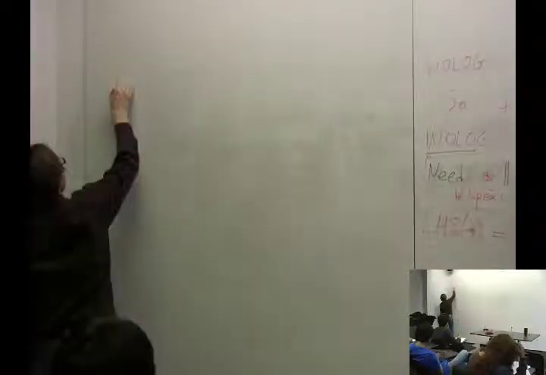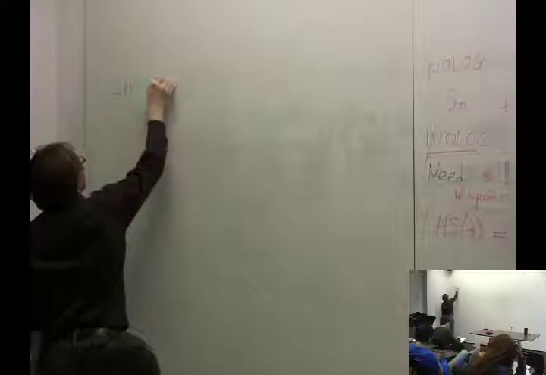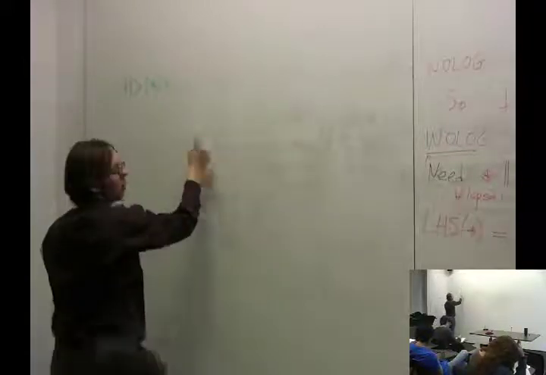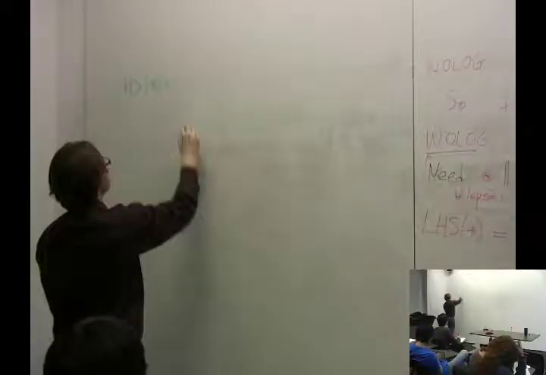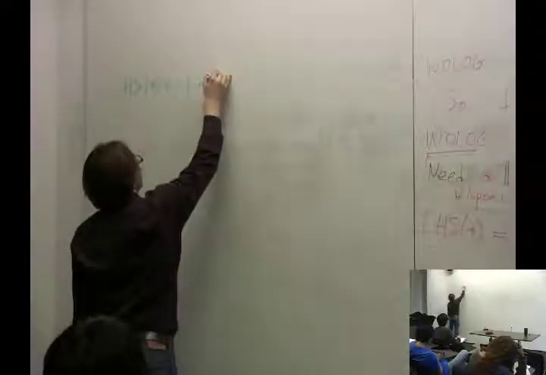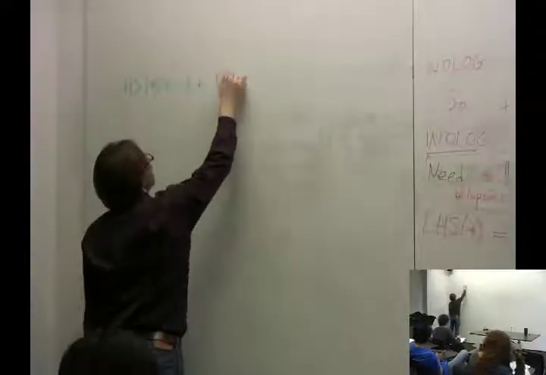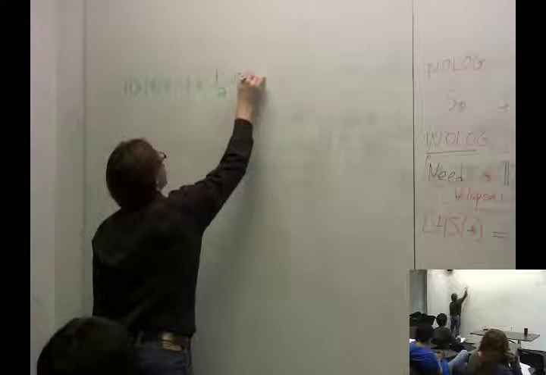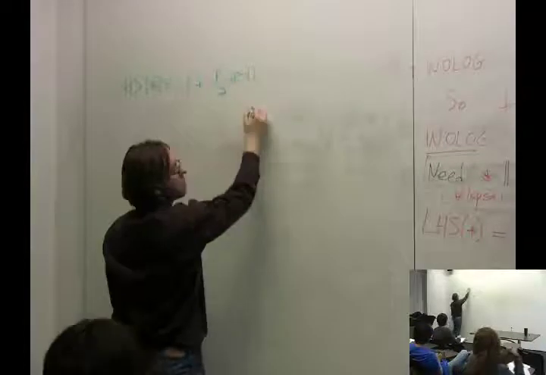I claim that the left-hand side, therefore, is at most 1 plus, I'm just going to bring the exponent down and multiply it, 1 plus p over 2 times p minus 1 epsilon squared.